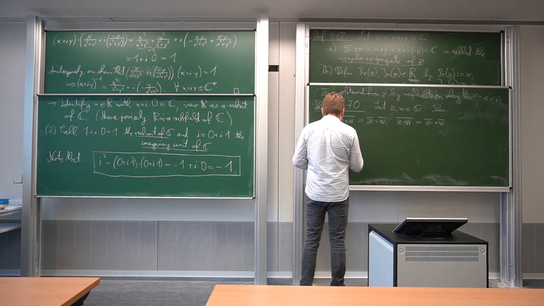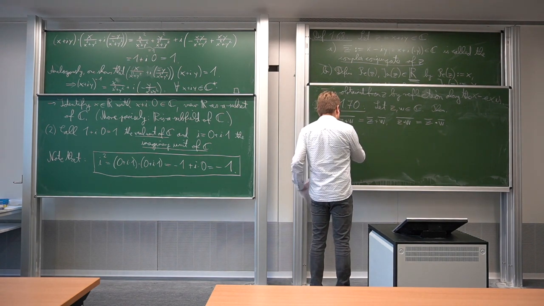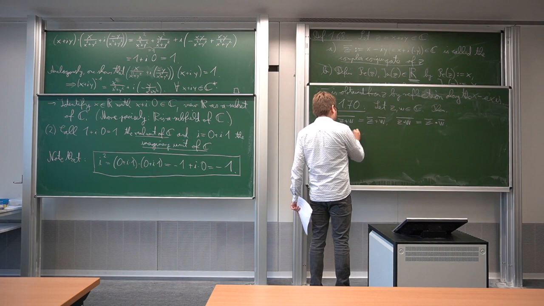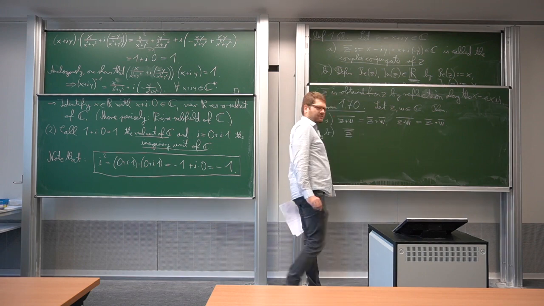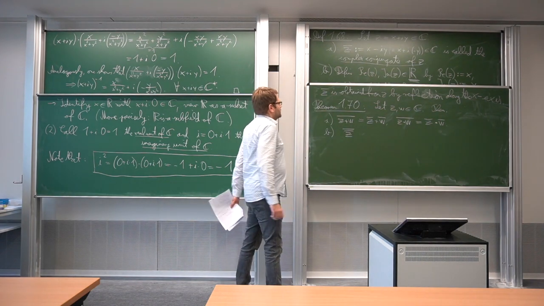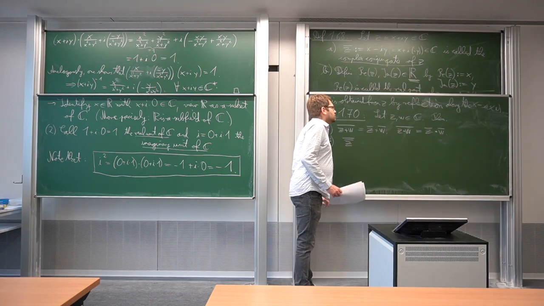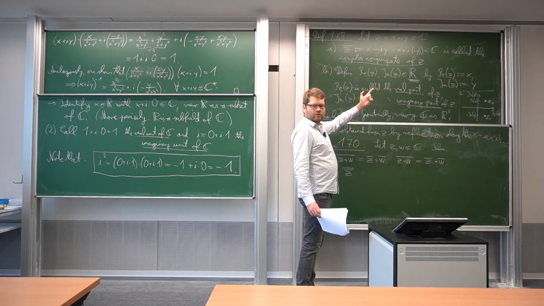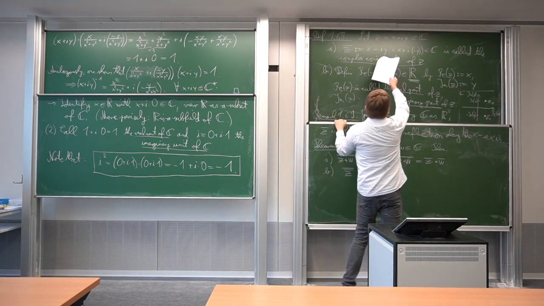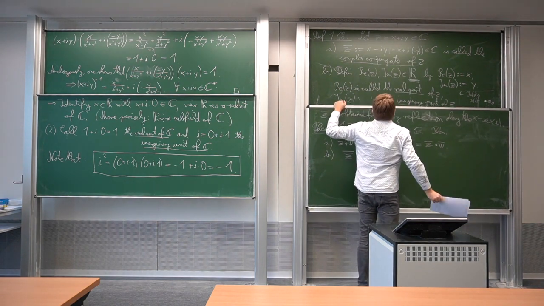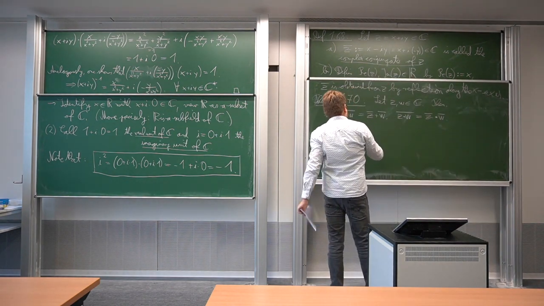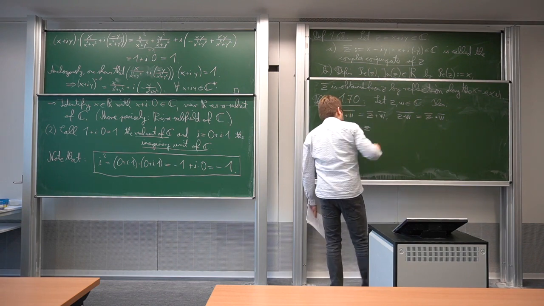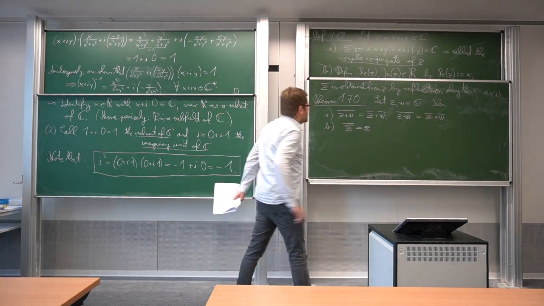Okay, then B. This is even easier. If I conjugate twice, so z bar bar, what happens is we reflect twice and we get back to the original point. So we flip the sign of the imaginary part twice, and minus times minus is plus. So the double conjugate is nothing but z itself. Very easy.